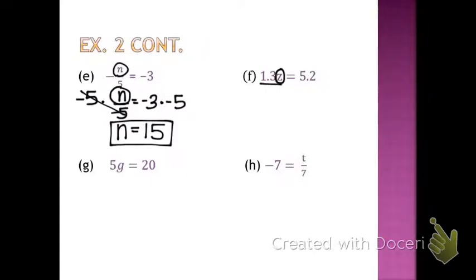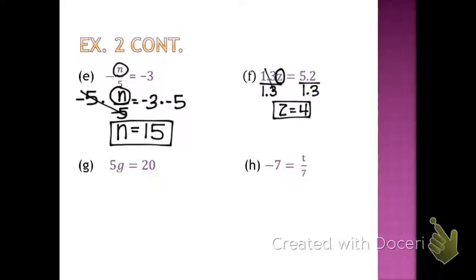I do not use the division symbol. I use a fraction bar. Division symbol is just too much. So when we divide both sides, we're going to use a fraction bar and we're dividing both sides by 1 3/10. Now again, you got 1 3/10 over itself, which equals 1. We just bring down the z. And what is 5 2/10 divided by 1 3/10? 4. Very good. So z equals 4.